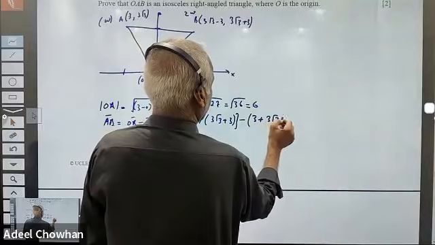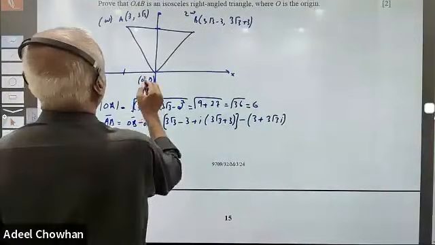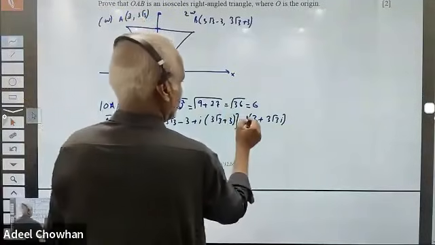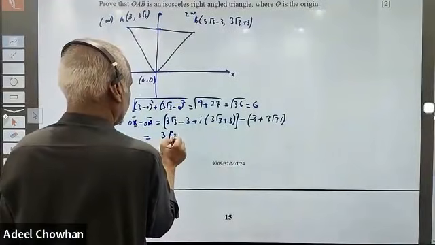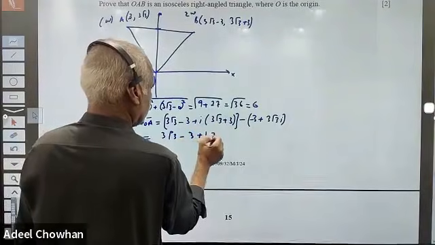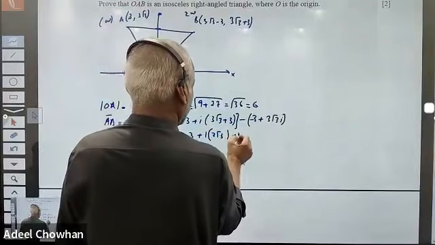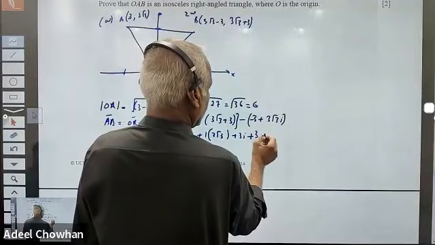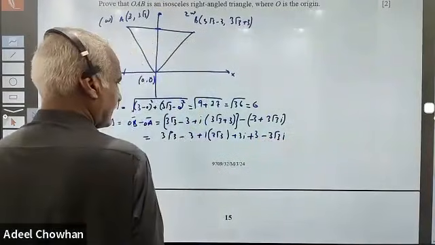So this should be equal to 3 root 3 minus 3 plus iota 3 root 3 plus 3 iota, plus 3 minus 3 root 3 iota.